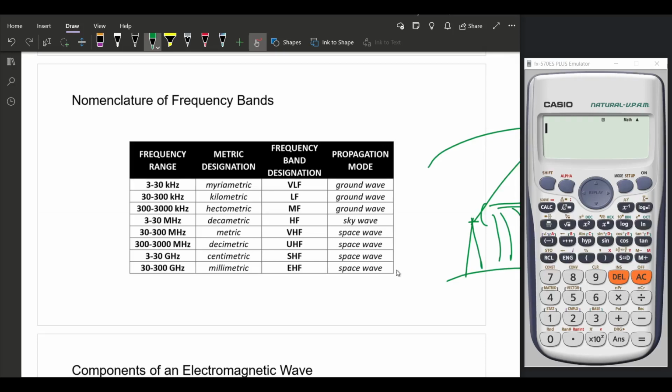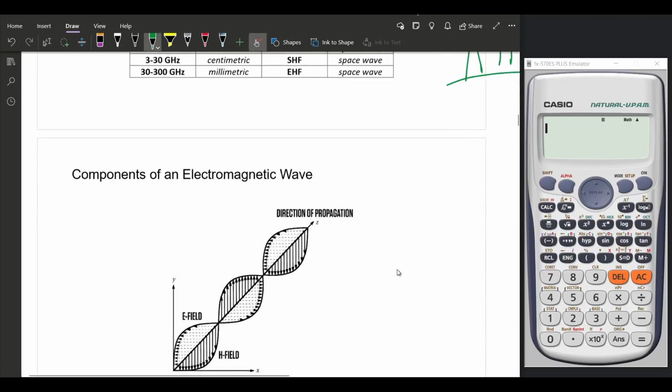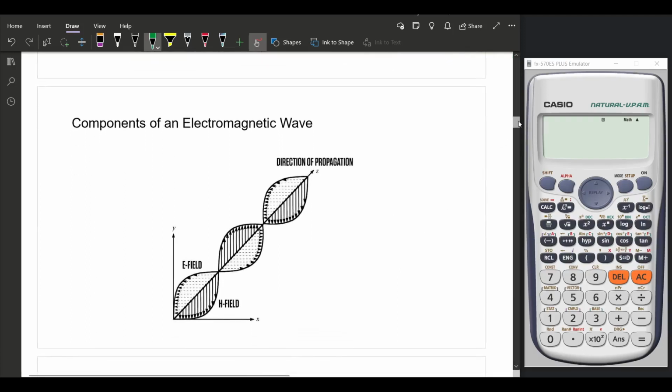Okay? So, next. Like what I've said kanina, kailangan yung wave natin or yung signal natin is in electromagnetic form or electromagnetic wave. So, kailangan ganito yung form of energy ng isang signal para mag-propagate siya sa atmosphere ng Earth.